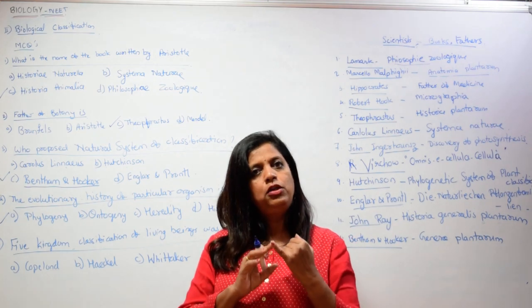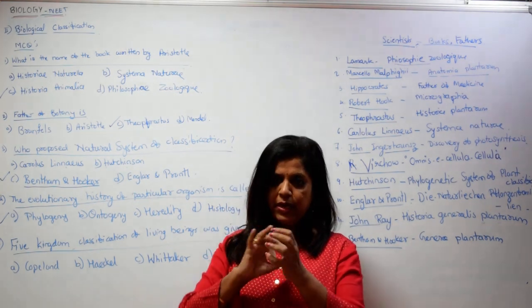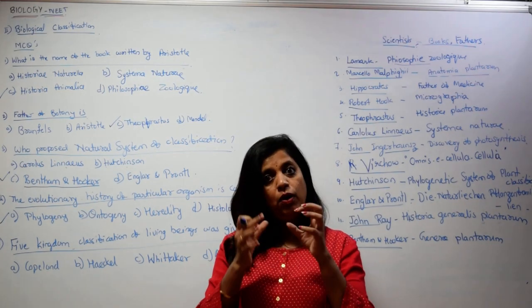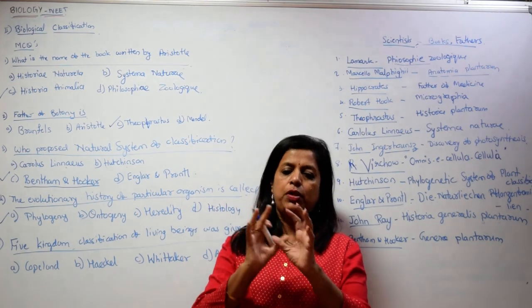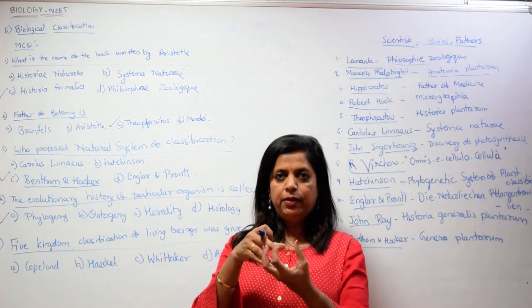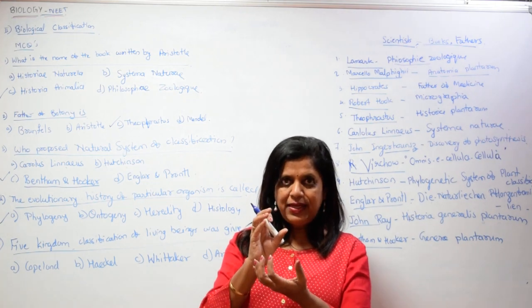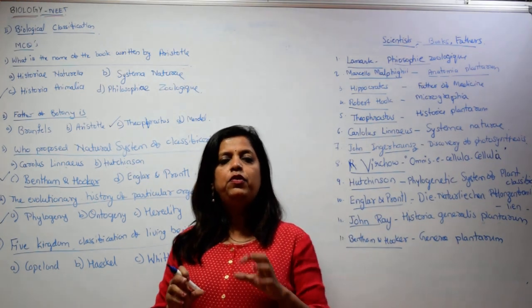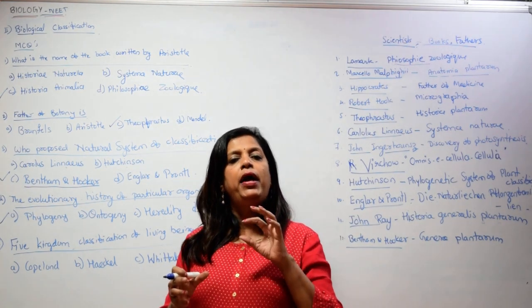Then come angiosperms. They are called covered-seeded plants. Their seed is covered by the fruit wall formed from the ovary. The ovary has an outer covering that surrounds the seed and nourishes it. Therefore, they contain a fruit wall. So that's about the angiosperms.